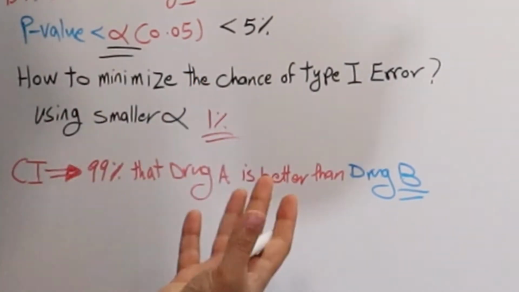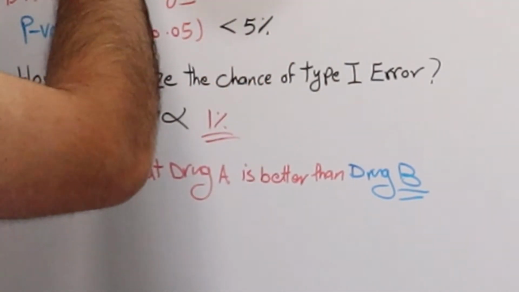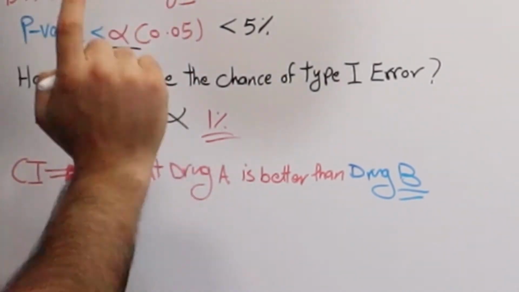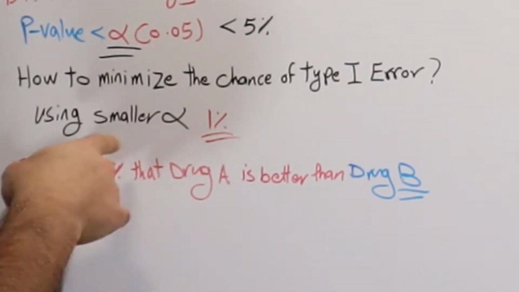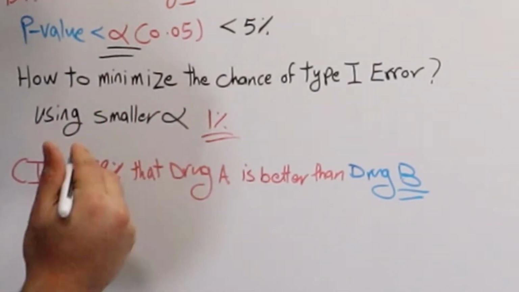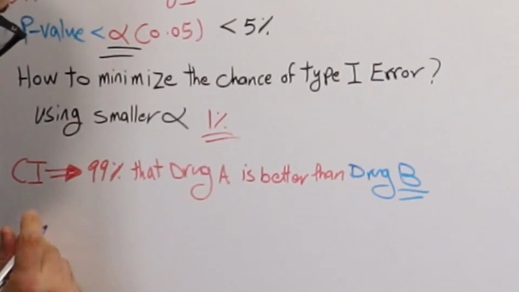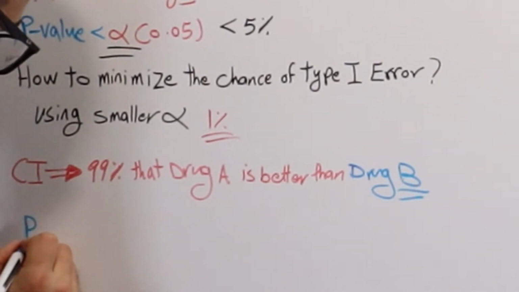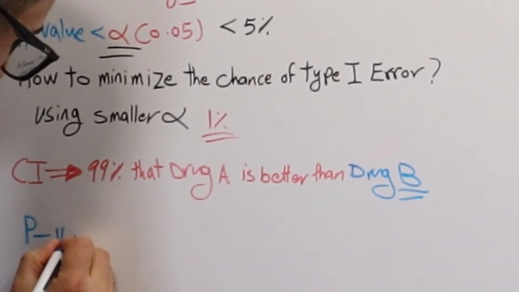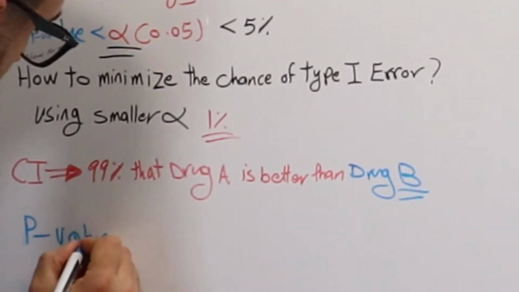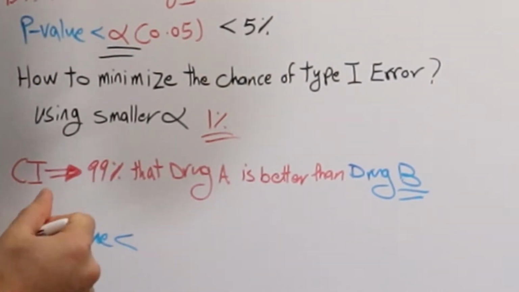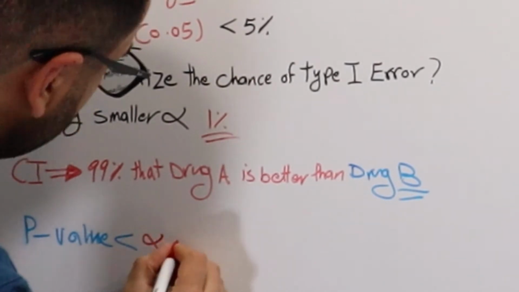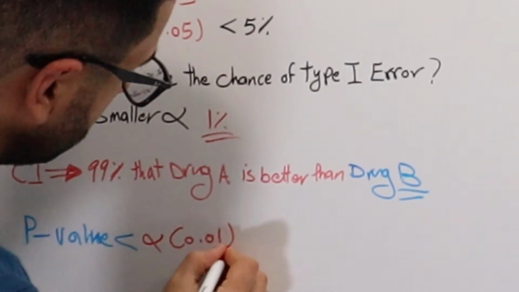So if we know that their conclusion is correct, 99%, basically what's going to happen is that the p-value is going to be less than alpha, which is 0.01, 1%.